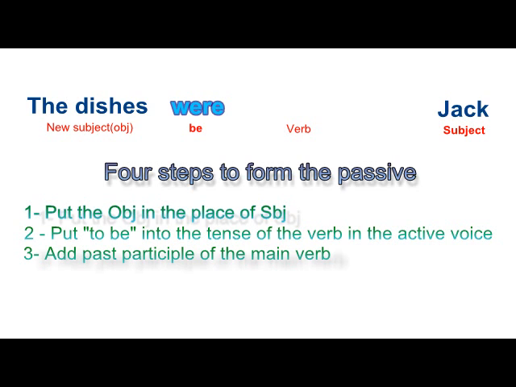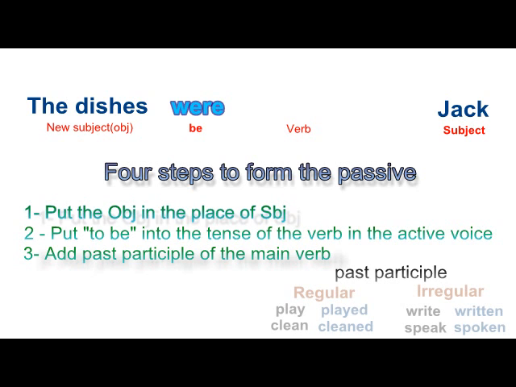Step number 3. Add the past participle of the main verb. Past participle has 2 types, regular verbs and irregular verbs. For regular verbs, we have verb plus ed. Examples: play, played; clean, cleaned. For irregular verbs, the verb changes.